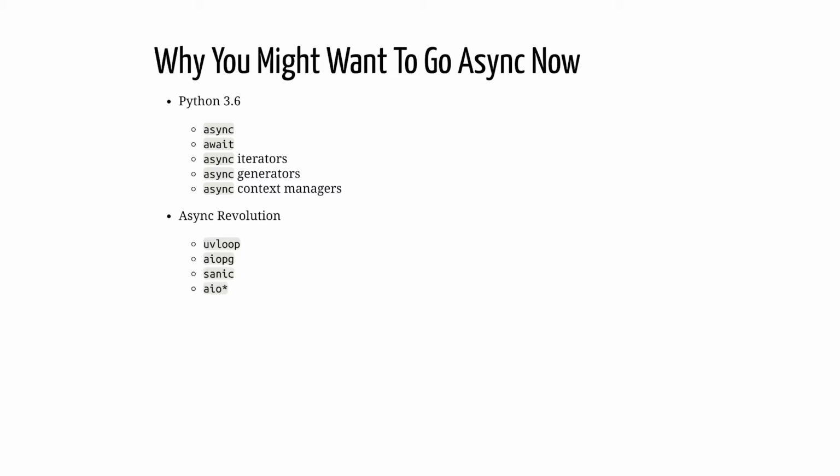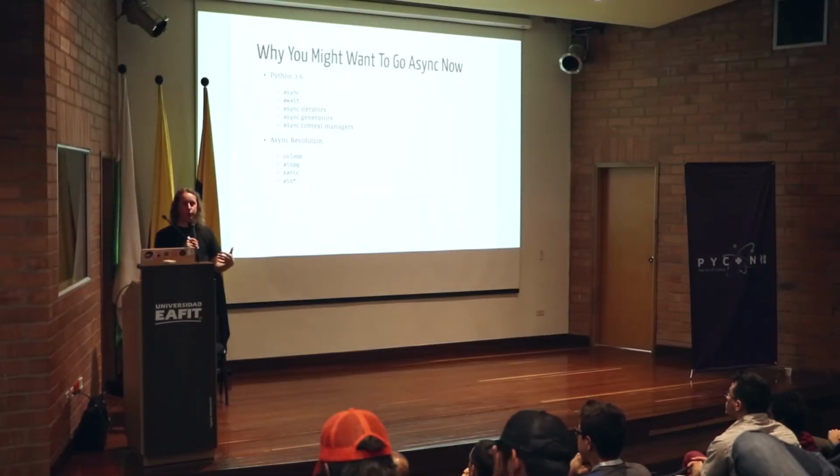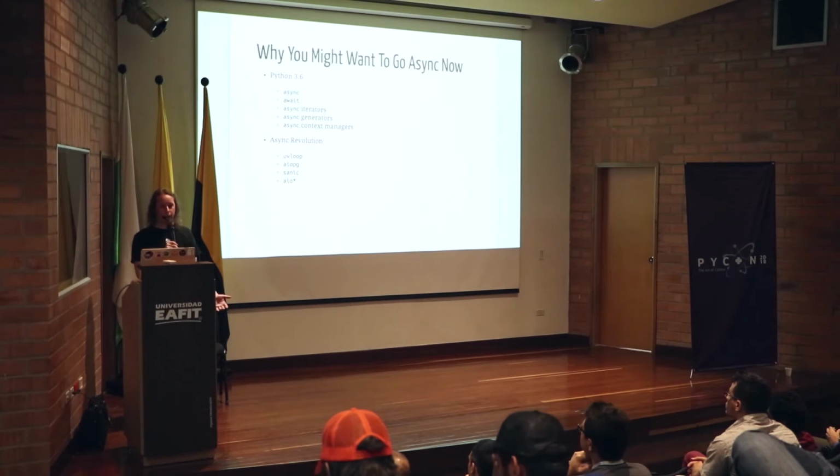Another thing that happened, and that is mostly due to, I believe, async I/O being introduced in the standard library, which was a somewhat controversial topic for some people because we already have Twisted and Tornado, etc. But I think the biggest thing that having async I/O in the standard library did for Python is that people actually noticed async and got interested in it and started to write really good and interesting code.